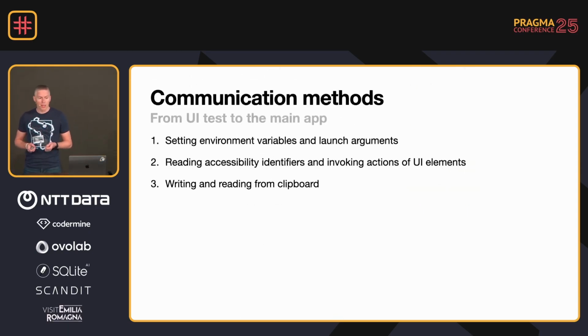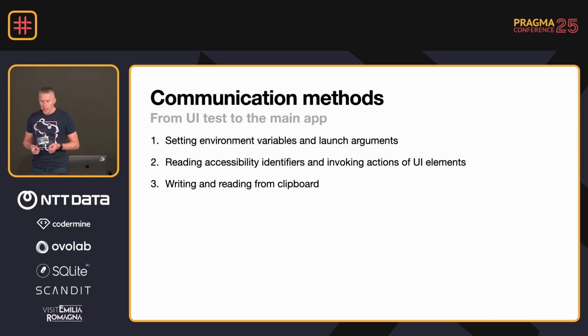First, let's take a look at the ways to communicate from XCUITest to the main app. We could set environment variables and launch arguments. It's rock solid, always works, but only happens at the start of the test. We could read accessibility identifiers and invoke actions of UI elements, which is already quite something, it's direct communication.